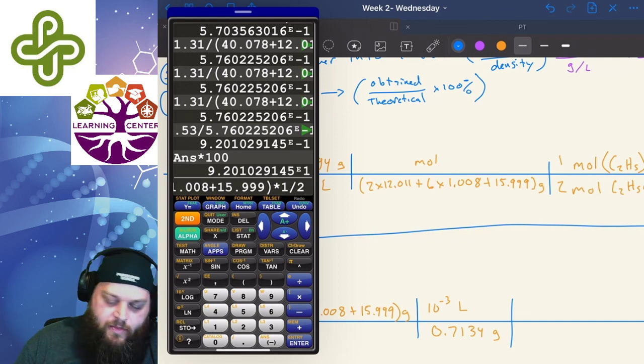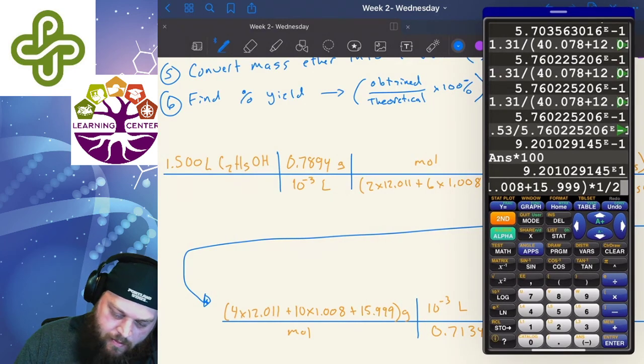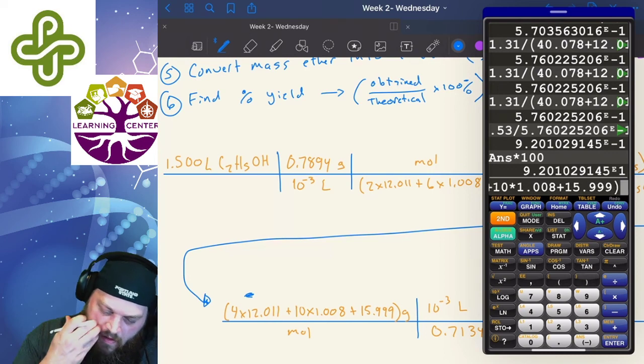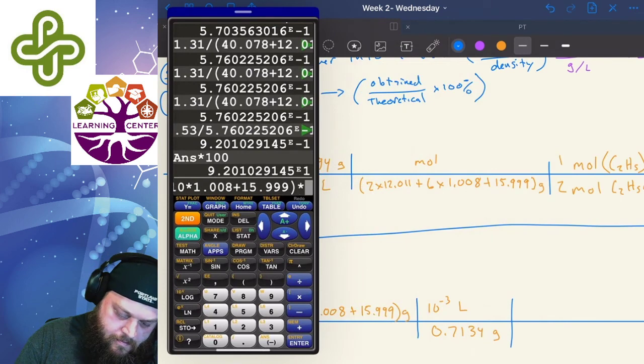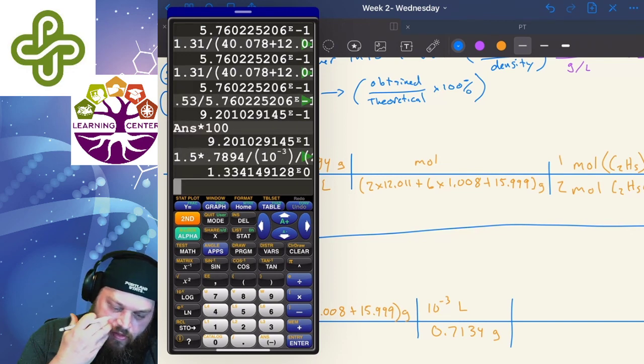And that's that stoichiometric ratio, that mole ratio that we have. Sliding back over this way now, I'm going to multiply by parentheses, 4 times 12.011 plus 10 hydrogens plus an oxygen. Then we can multiply by 10 to the power of -3, dividing by that 0.714 grams. And we get 1.33.